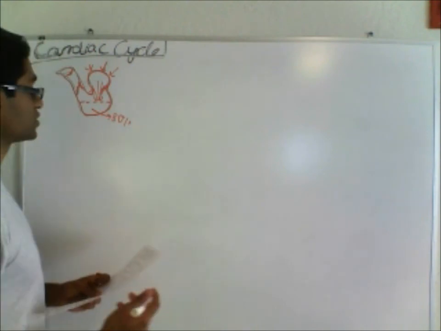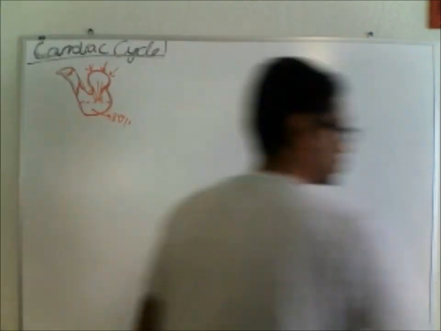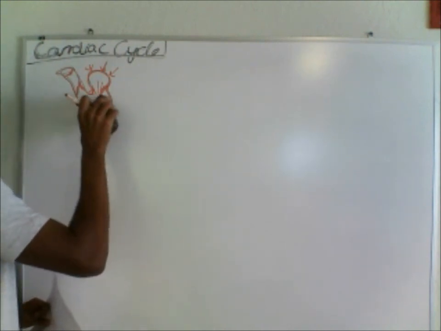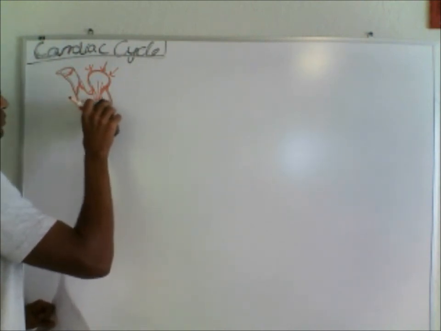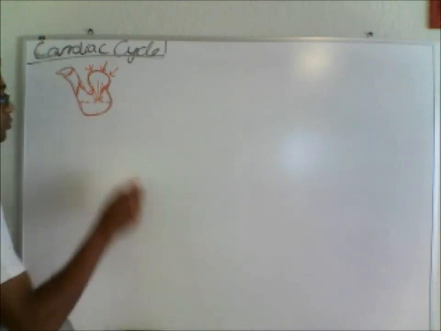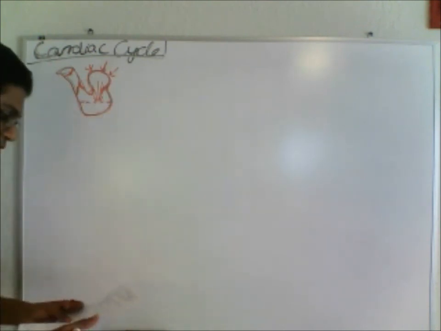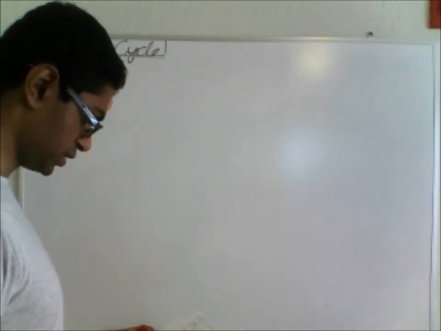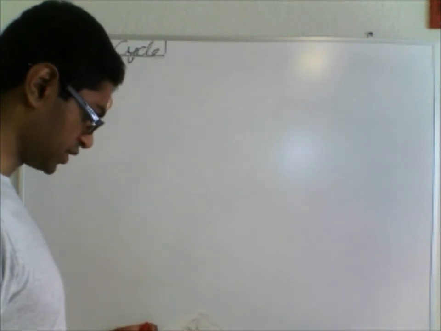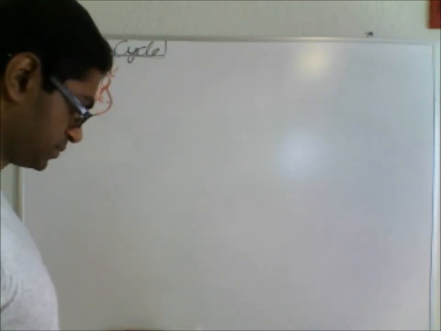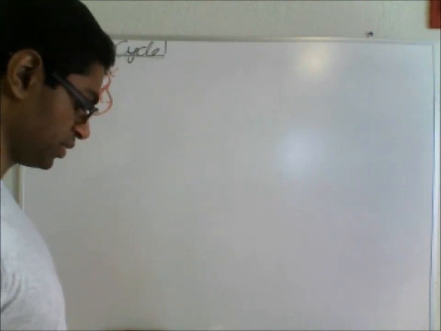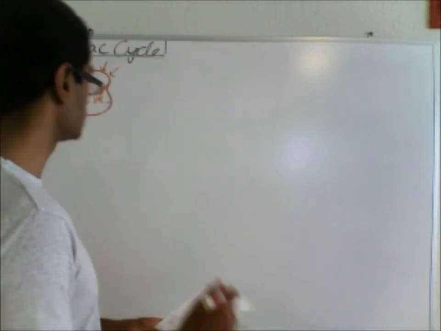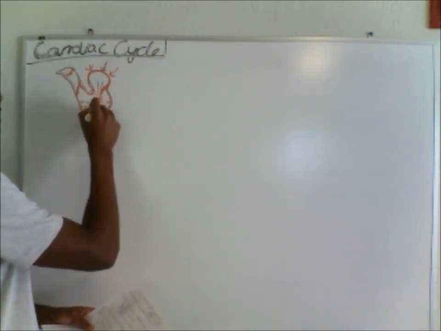I'll go over later why this is already filled, but for now it's important to recognize that 80% is already filled, and this has to do with the end systolic volume, ESV, plus a couple of other steps. I'll show you why 80% of the ventricle is already filled.